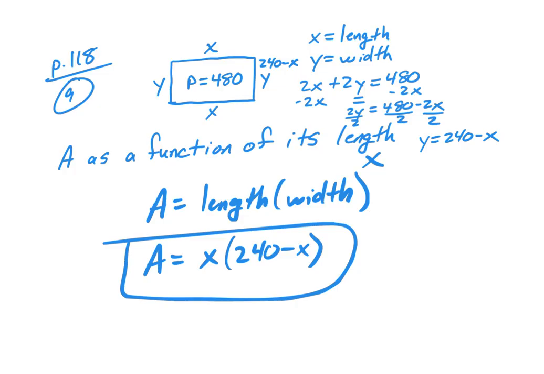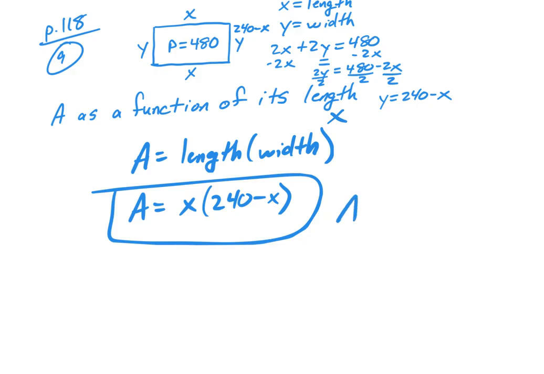A lot of times this will be written in function notation. And what this simply means is area in terms of x. We're writing our area in terms of x. Is x times 240 minus x.